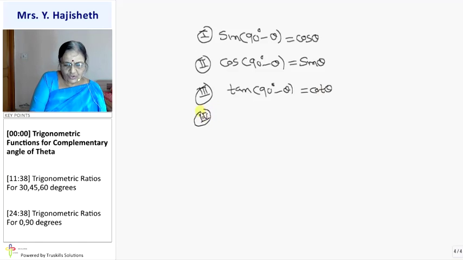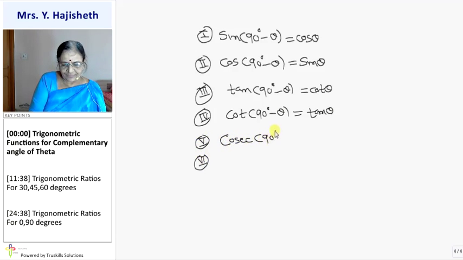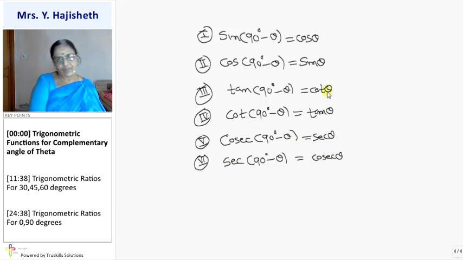Fourth is cot 90 minus theta is tan theta. Fifth and sixth are for cosec and sec. Cosec 90 minus theta is sec theta. And sec 90 minus theta is cosec theta. Clear? So these 6 are important results. These are the 6 trigonometric ratios of complementary angles.